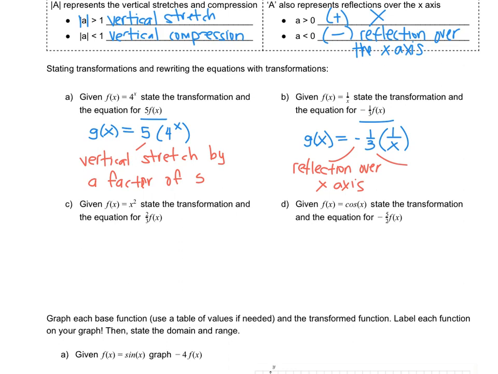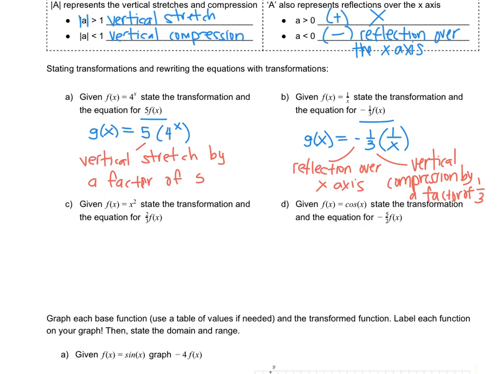And then ignoring the negative, because we've already dealt with it, the 1/3 represents a vertical compression by a factor of 1/3. So we do have 2 transformations here. And also take note that I said by a factor of 1/3, not -1/3. The negative told me the reflection, the 1/3 told me the compression.